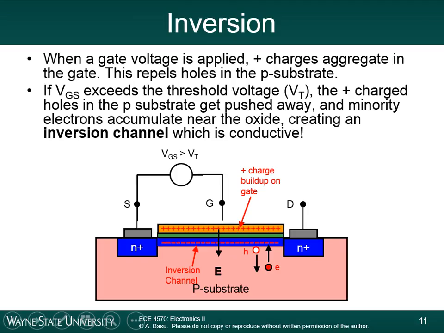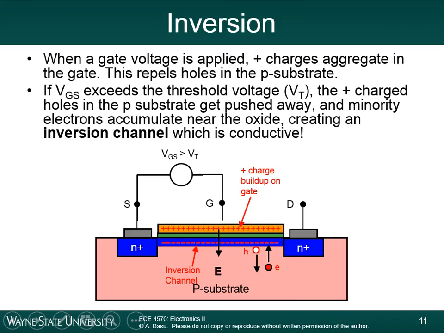Now, this type of analysis was done assuming that the substrate was also at ground. We applied a voltage VGS, and we assumed that the source was at ground, and we also assumed that the substrate was at ground. So applying a VGS between the gate and source terminals was really the same as applying a potential between the gate and the substrate.